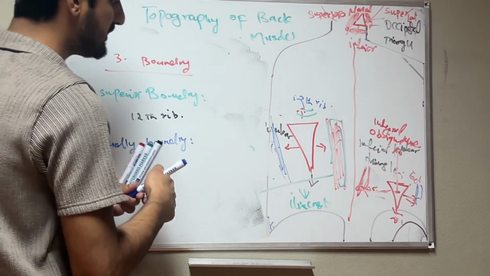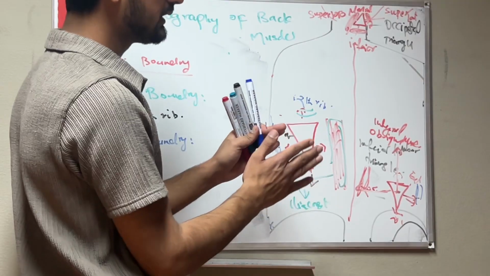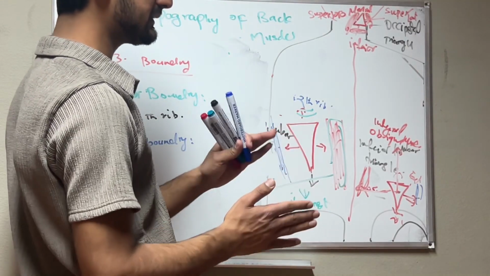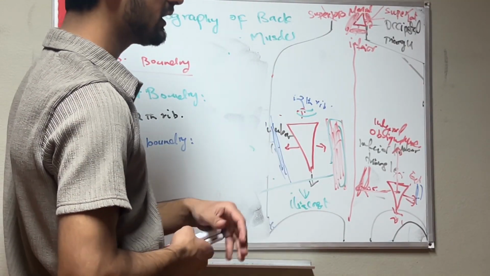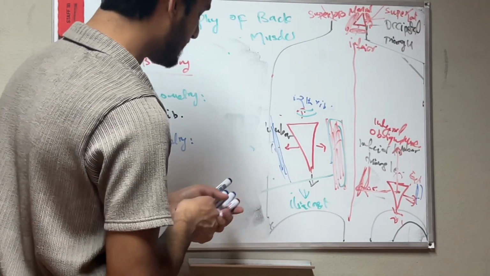Because this is located deeply, if we remove the lateral group of muscles, first the external oblique muscle, then behind it we have the internal oblique muscle.